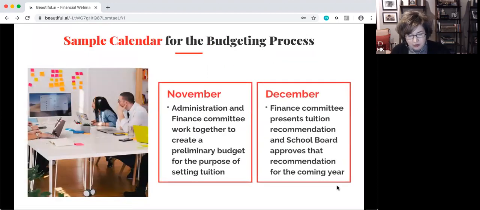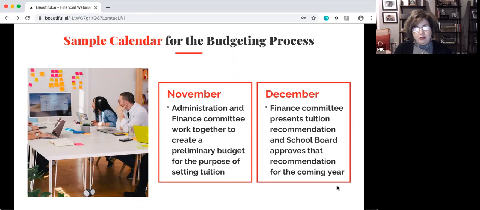So once we hit September and October, we've been gathering information. Then we begin to have meetings with our finance committee. As a head of school, I would begin the process by working first with my business manager, and we would talk through and gather data for enrollment, what we've done in the past, and what we think we're going to need in the future. Then we meet with the finance committee.